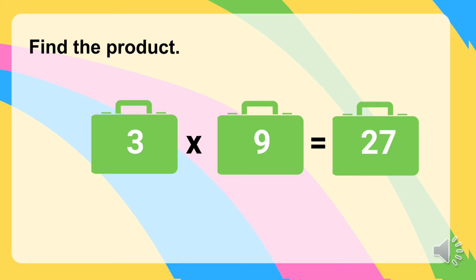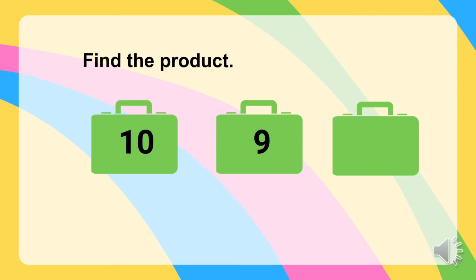How about this? 10 times 9 is equal to 90. Okay. How about this? 13 times 2 is equal to 26.